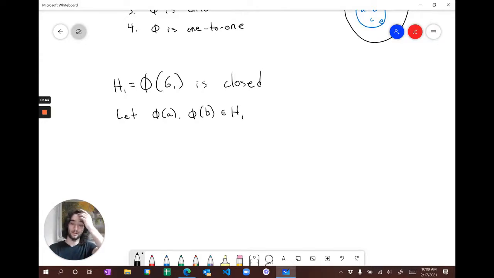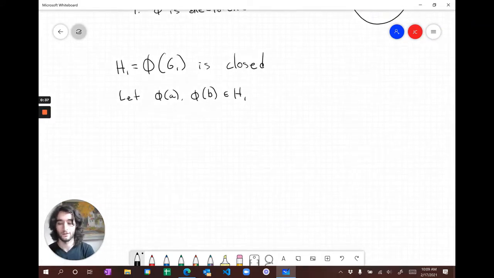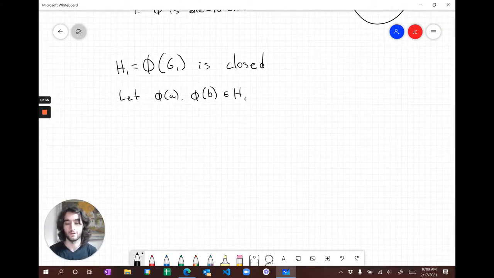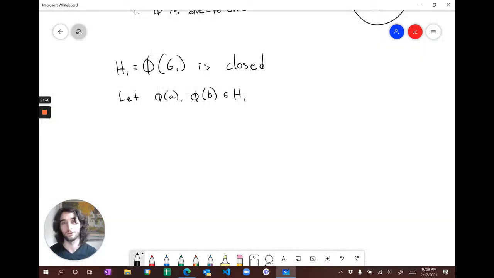I'm calling them phi of A and phi of B because I'm going to need to move back over into G in a second. It makes sense to call any two elements of H1 phi of something and phi of something, those somethings being in G1. That's totally legit because everything in H is the image of something in G, since phi is onto.